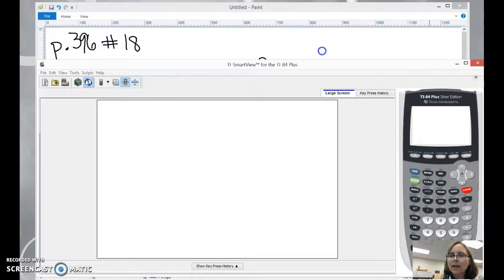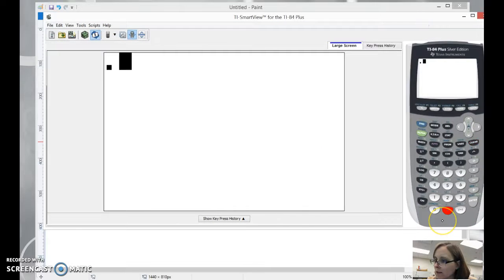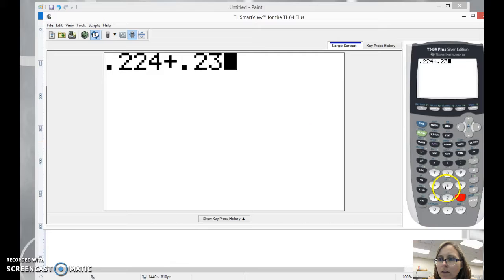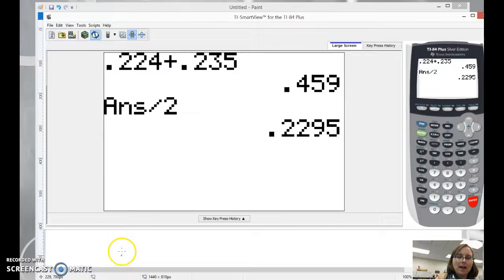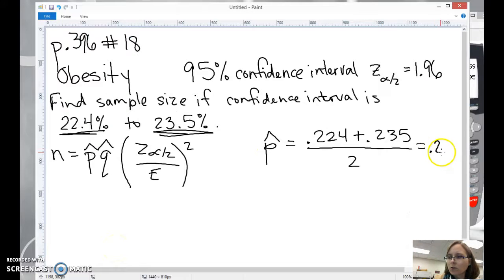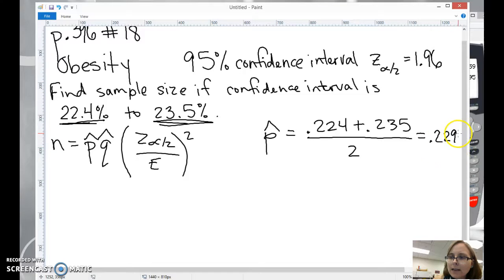That's going to give me a p hat. 0.224 plus 0.235 is 0.459, but now I have to divide that answer by 2. So this is my p hat: 0.2295.